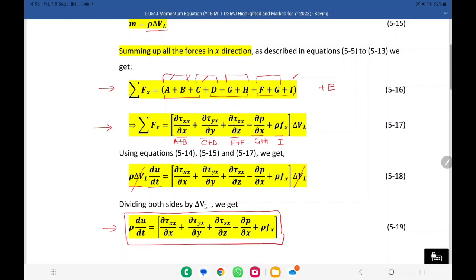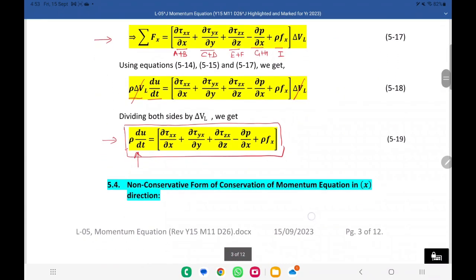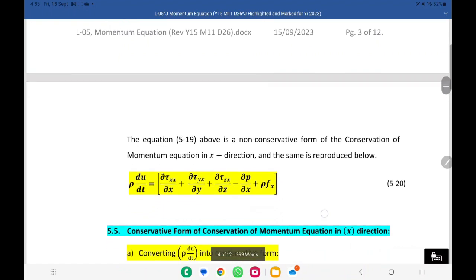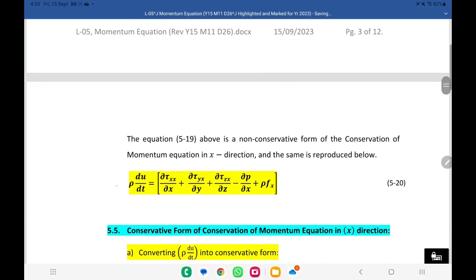Now whether it is conservative or non-conservative, it is non-conservative. Rho is outside the derivative. Rest all are in the derivative. Okay. So yeah. Now what we do, this is your non-conservative form of equation of momentum.